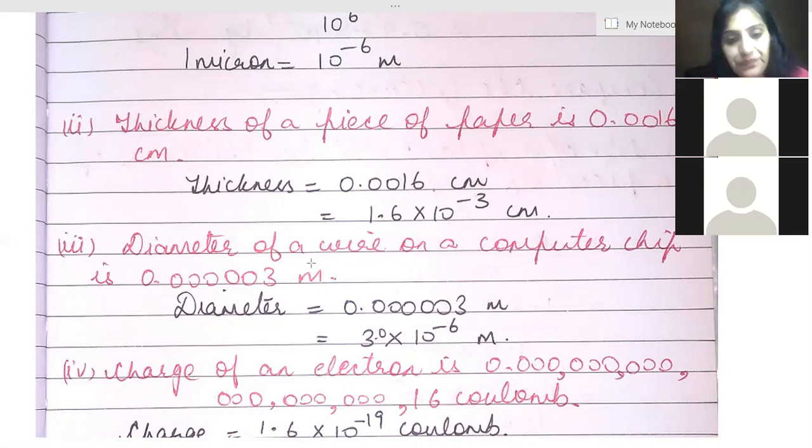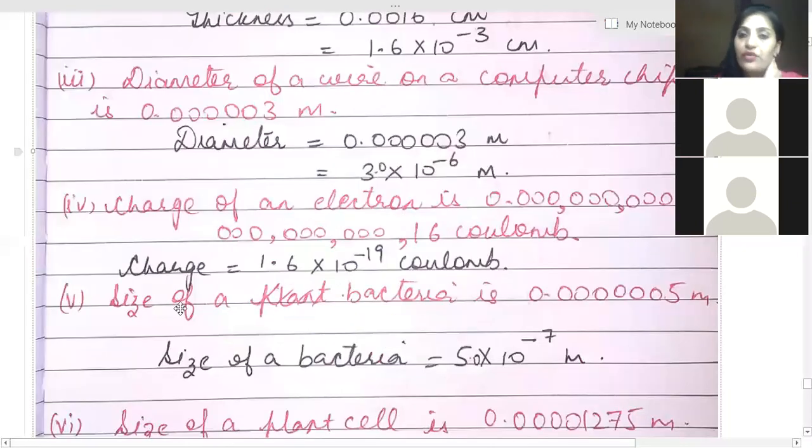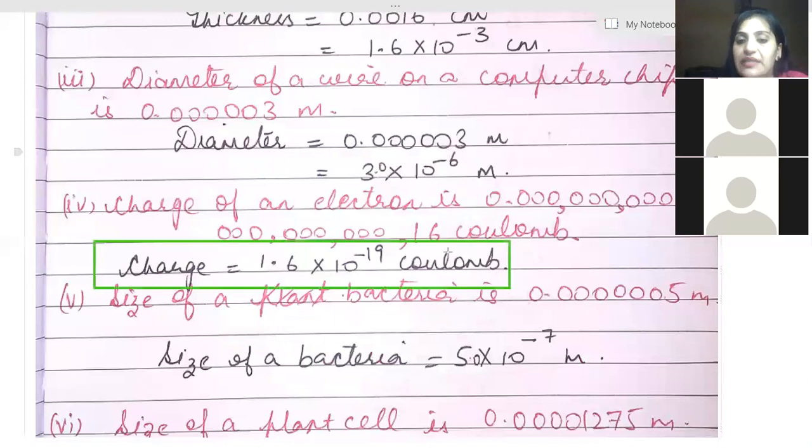Now look, beta. So it will become 3 into 10 to the power minus 6 meters because it is jumping 6 places. See, 1, 2, then 3, 4, 5 and 6. Okay beta, because we have to place it after the 3. We can't place it over 3. Charge of an electron is written here. You have to count the zeros, so the charge comes out to be 1.6 into 10 to the power minus 19 coulombs.